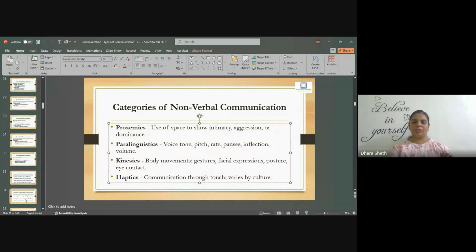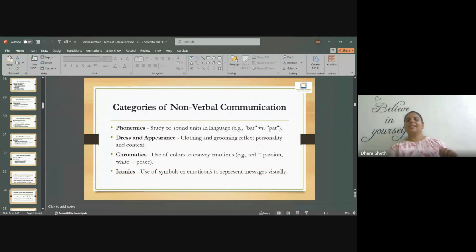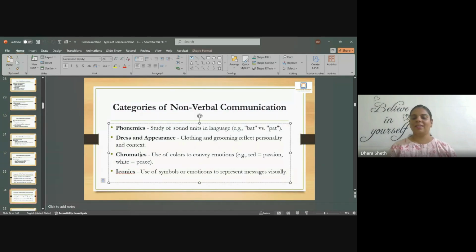Haptics is touch. Phonemics is the study of sound units in the language. Dress and appearance. Chromatics is use of colors. And iconics is use of symbols or emoticons to represent messages visually, what we are doing these days in our chats or online comments.